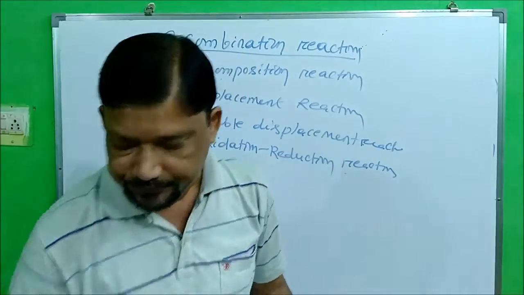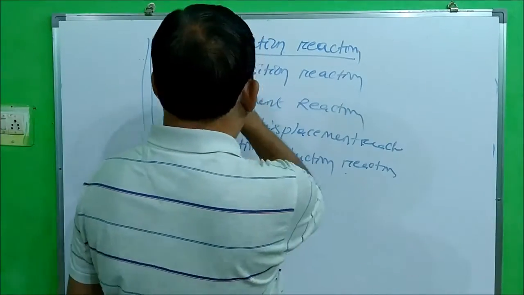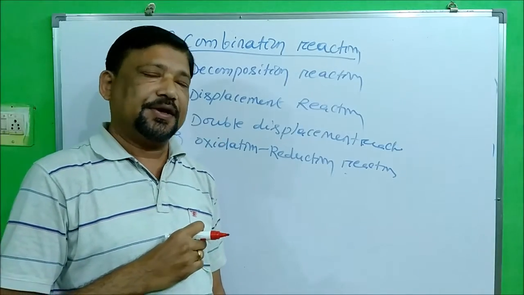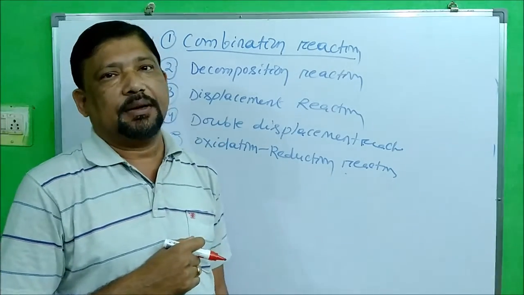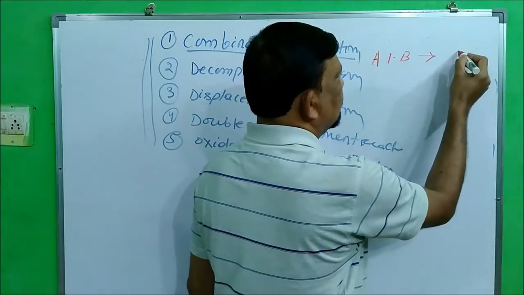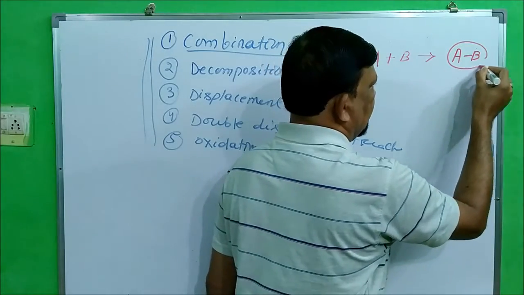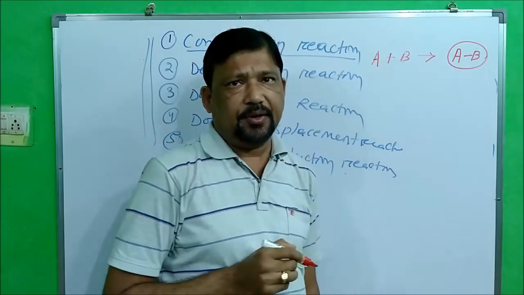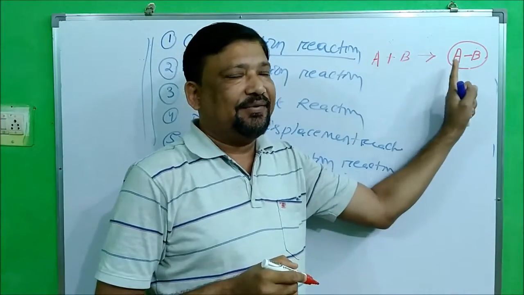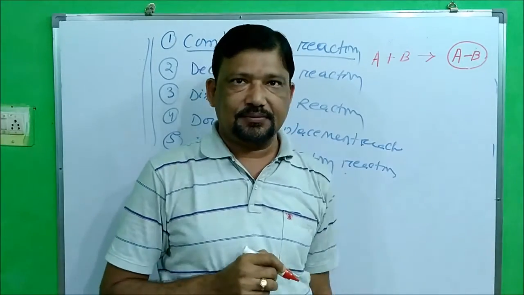Very simple one. As far as this combination reaction is concerned, as the name indicates, combination means something gets combined. Substance A combines with B to form a combination of substance, combination of atom A and B, where the chemical properties of AB is different from A and B. So this is a new substance.